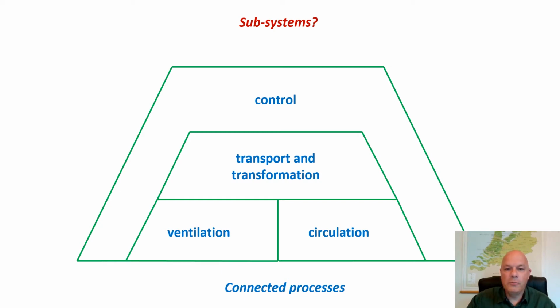Now, these two processes carry all kinds of substances: oxygen, CO2, anesthetic gases. They can carry heat and hormones. So transport and transformation was the second layer, depending on ventilation and circulation.